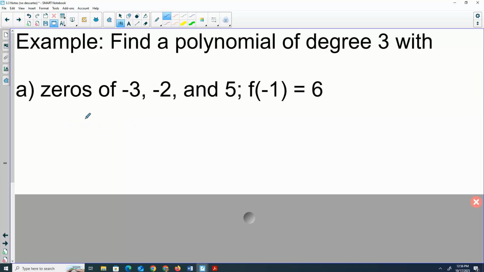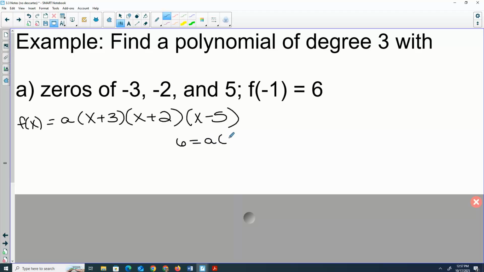So, if -3 is a 0, what has to be in my factored form? If -2 is my 0, what do I have to have? If 5 is my 0. Okay. This other requirement, I can't have any more parentheses, but I could have a number out in front, right? I could have like a 2 or something times this whole thing. So, we just need to find out what that number is. I'm telling you when x is -1, this has to equal 6.